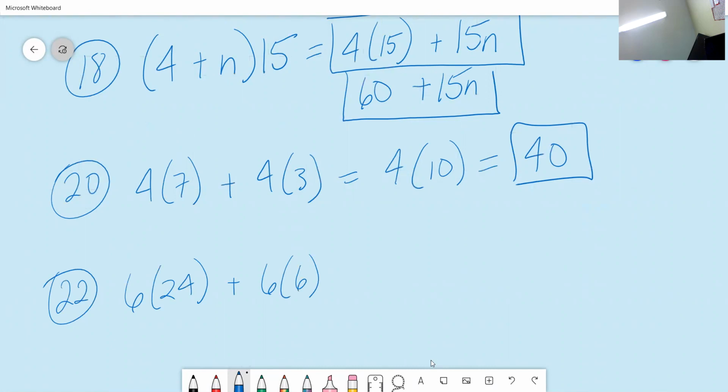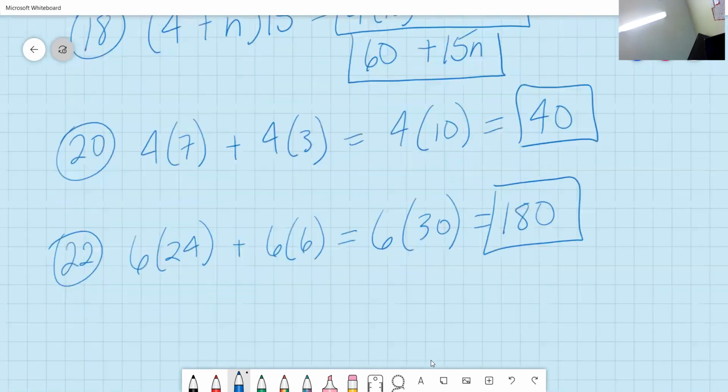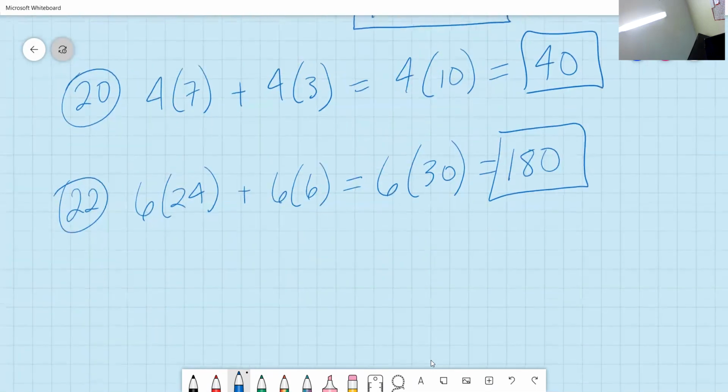Well, you know in this case, that's also 24 plus 6 is 30. 6 times 30 is much easier to do mentally because you know that 6 times 3 is 18, and then you just throw that 0 on there. So your answer is 180. Much easier than trying to figure out 6 times 24, right?